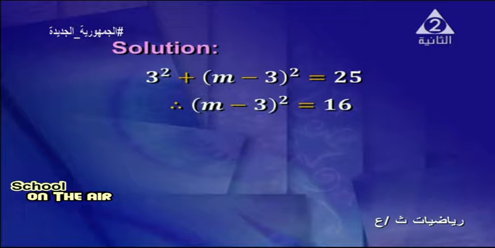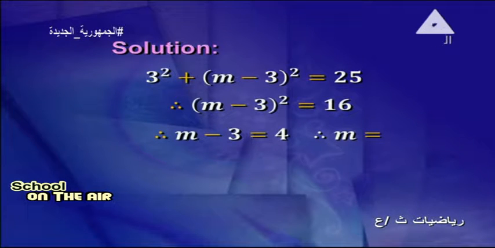Then (m minus 3) all power 2 equals 16, or m minus 3 must be equal to positive or negative 4. But in this case, we take 4 only. Then m equals 7.